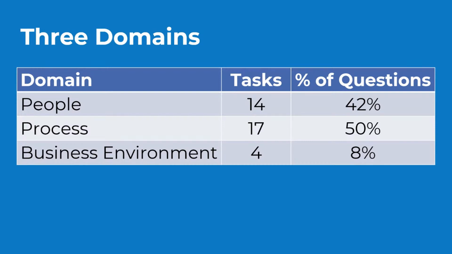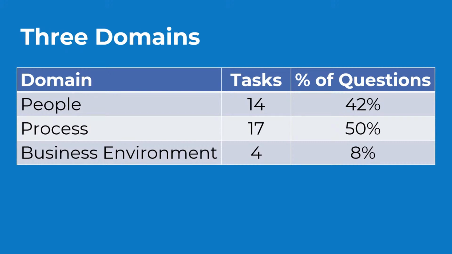Then process. 17 tasks are from processes. Well, how do you do quality assurance? How do you do integration? And all of that. And then 50% of the questions come from the process, and new. This is one of the things that PMI has added to the PMP exam, the whole business environment domain. 4 tasks are from there, but only 8% of the questions are coming from there.